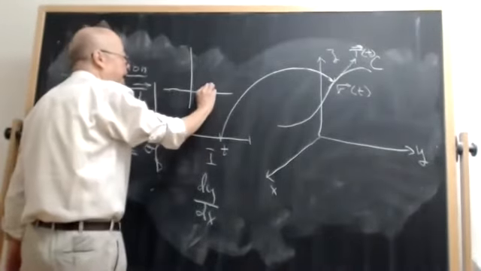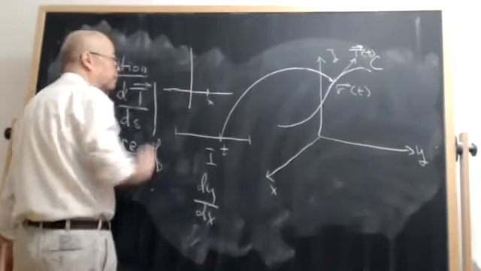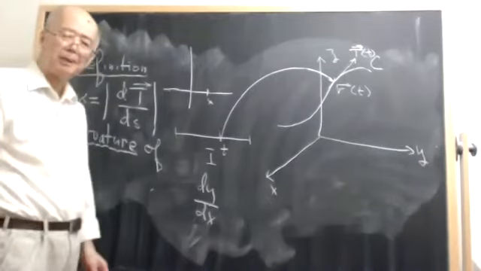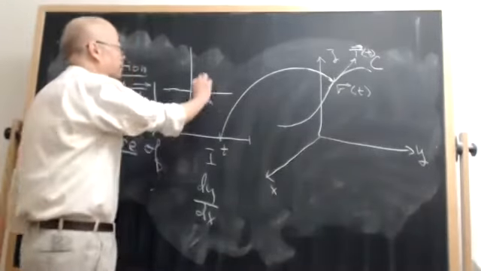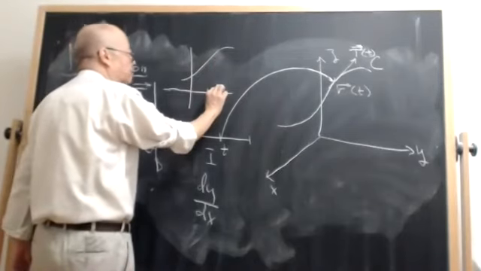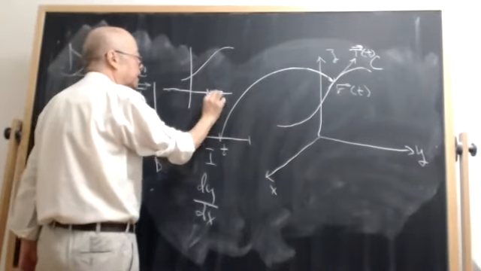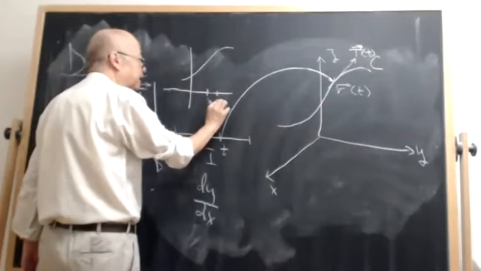Let's take a point x. And then you can look at a small increment in x. We call this length here dx.